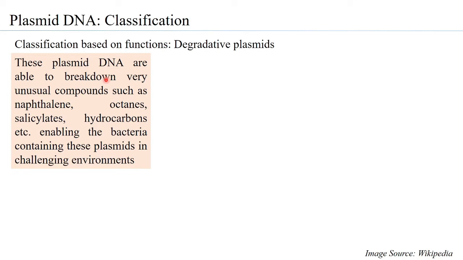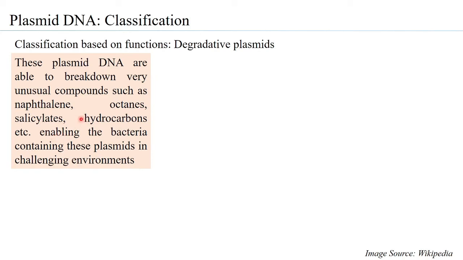It means that these compounds are not easily degraded, but the plasmid DNA has the genes responsible for giving rise to proteins that are able to degrade such substrates, for example, naphthalene, octane, salicylates, hydrocarbons, etc.